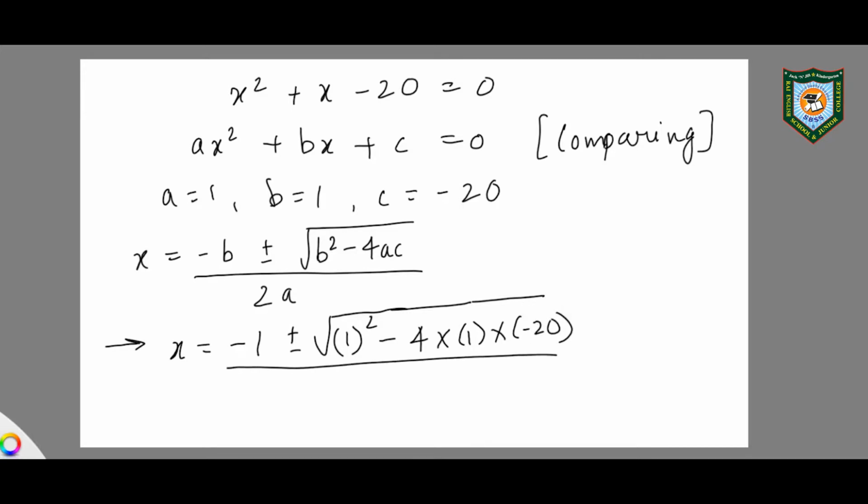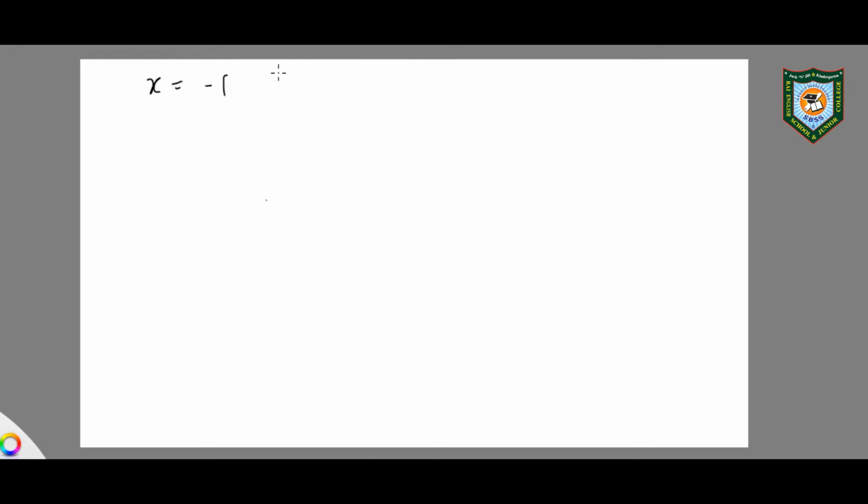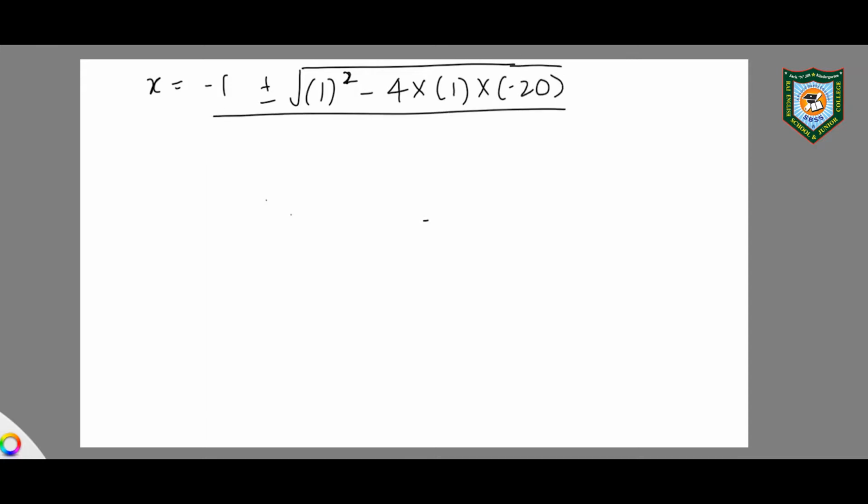This complete divided by 2 into the value of a, which is again 1. So I have x is equal to minus 1 plus minus under root 1 whole square minus 4 into 1 into minus 20 complete divided by 2 into 1.